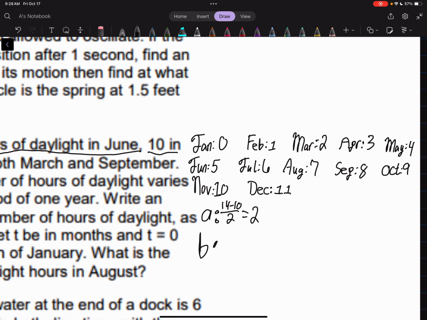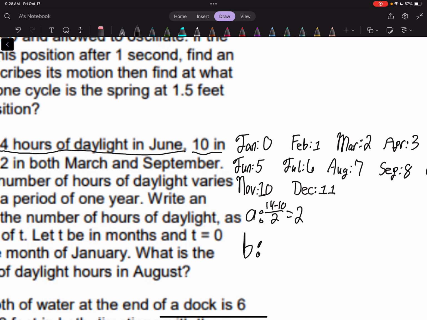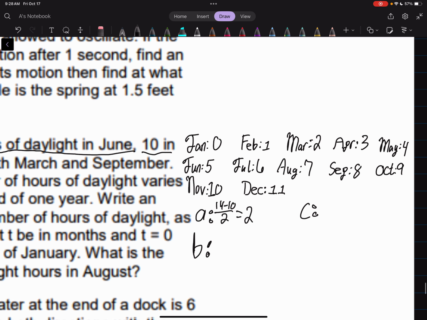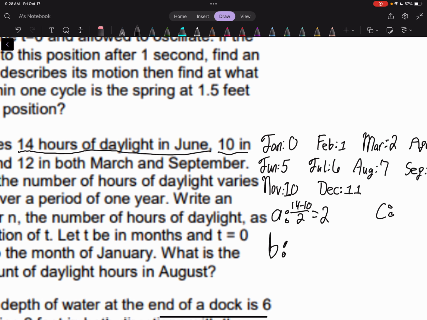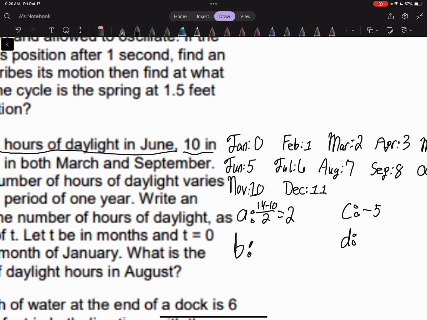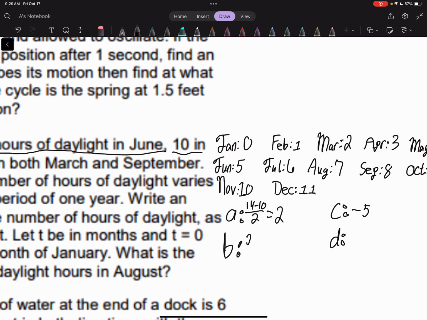For my C value, I'm going to go with that maximum occurring in June. So I'm going to say this is right 5 units, so -5. For my period, B is going to be 2 pi over 12 months, which is pi over 6.